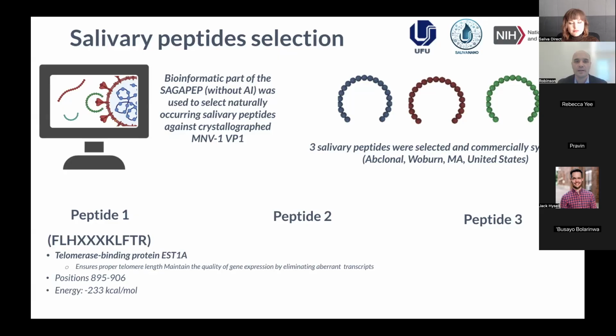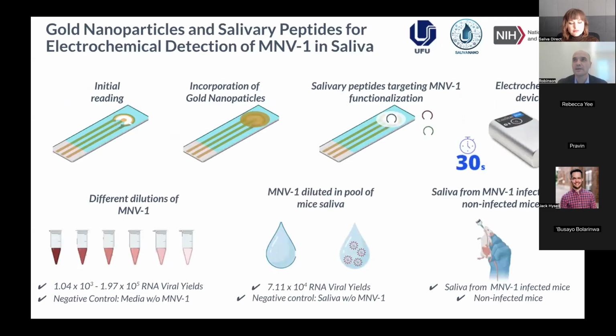Next one, please. We first inserted gold nanoparticles in the electrodes, and after that we performed the functionalization with the salivary peptides to target MNV1 of norovirus. After that, we can test these electrodes in our electrochemical devices.